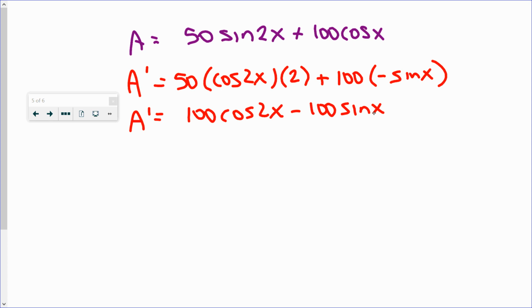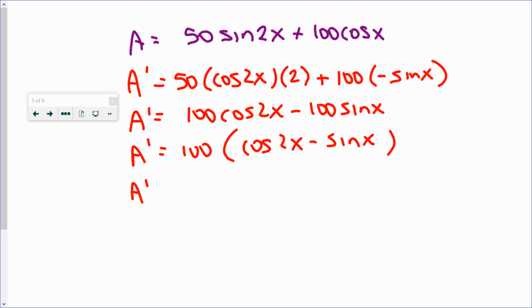So I'm noticing that I have a cos double angle identity. So let's first of all maybe start by factoring out 100. So I'll have cos of 2x minus sine x. And then remember, cos of 2x has three different formulas to use. Since I already have a sine x in the brackets here, I'm going to choose the cos 2x formula that involves just sine.